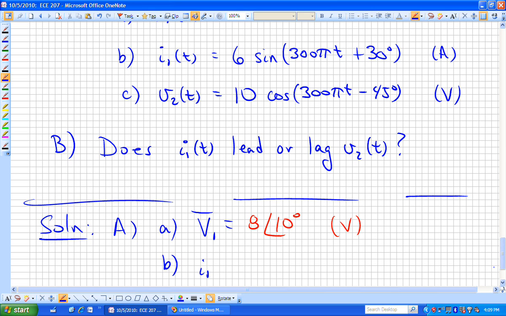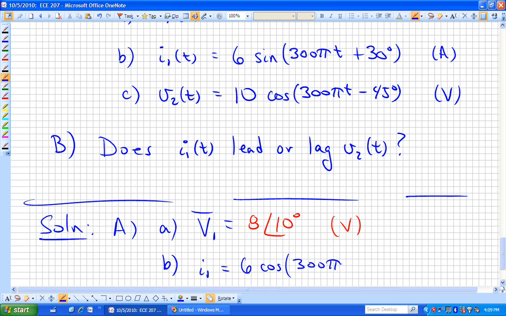You can't necessarily say I1 is 6 at 30 degrees and V2 is 10 at minus 45, because one is a sine wave and one is a cosine wave. Converting doesn't change the magnitude, so the amplitude would be okay. Maybe I'd give you 1 out of 20 for that, but I'm hard on partial credit.